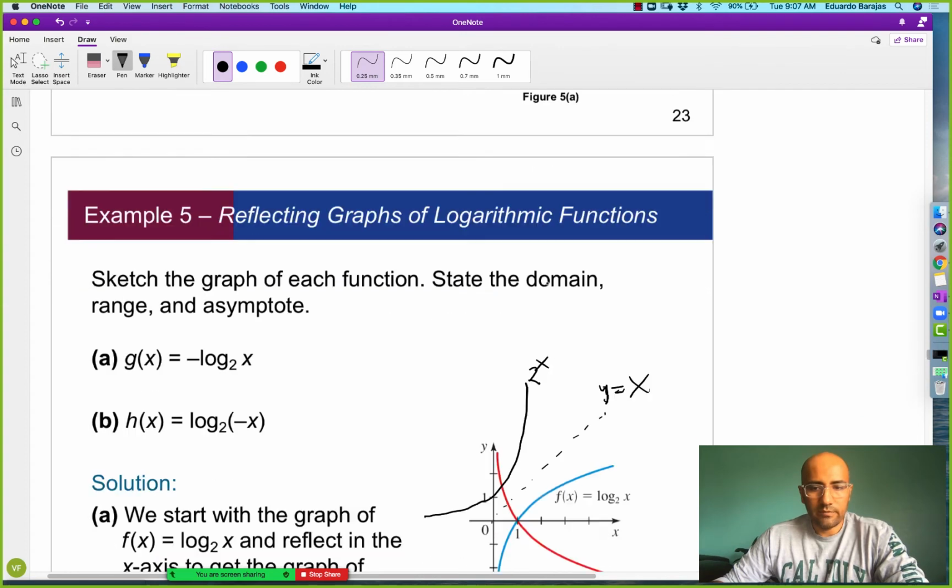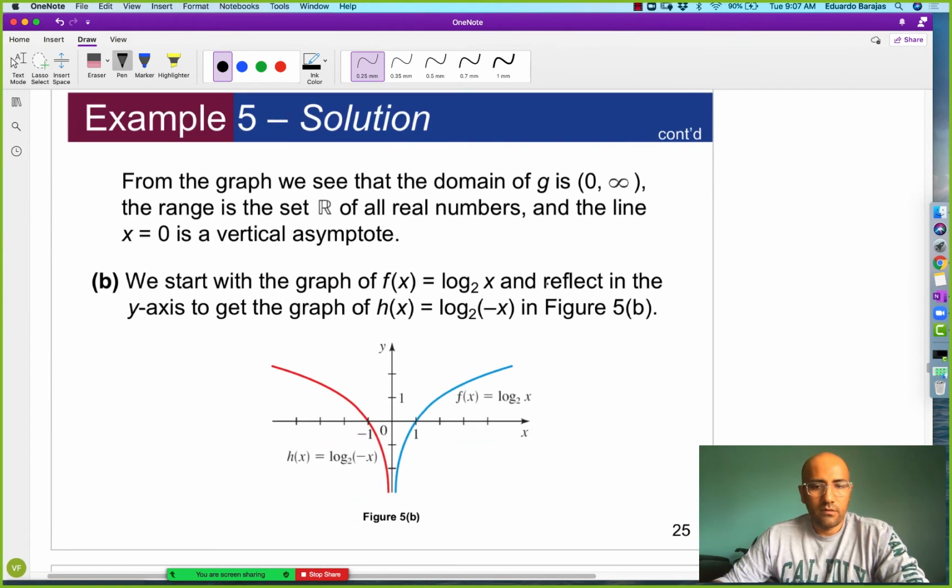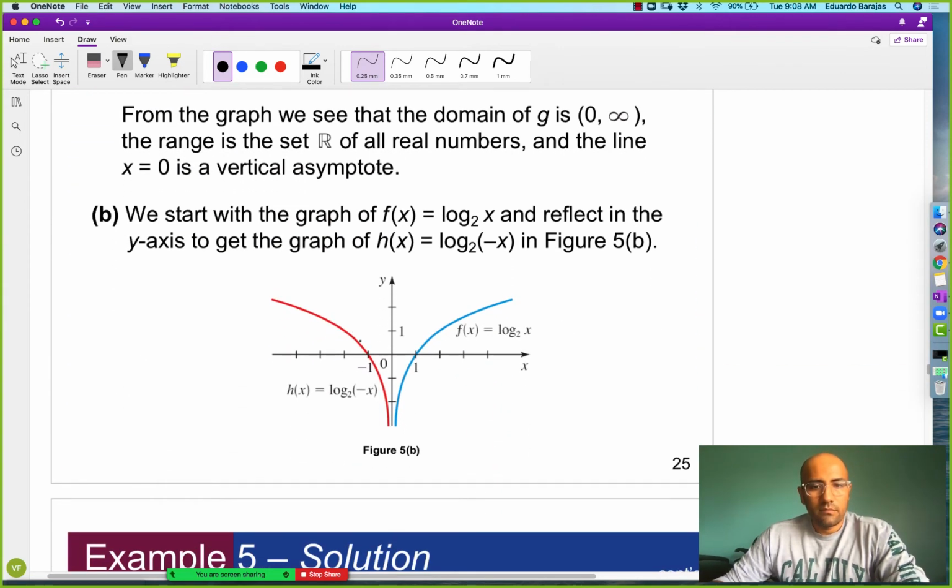Good. I'm sure there's a nice picture of it down here somewhere. Here. Good. So if we think about the line y equals x, which goes across this way, we have this exponential function that goes this way, like this. This is 2 to the x. Its mirror image would be over here, which goes this way.